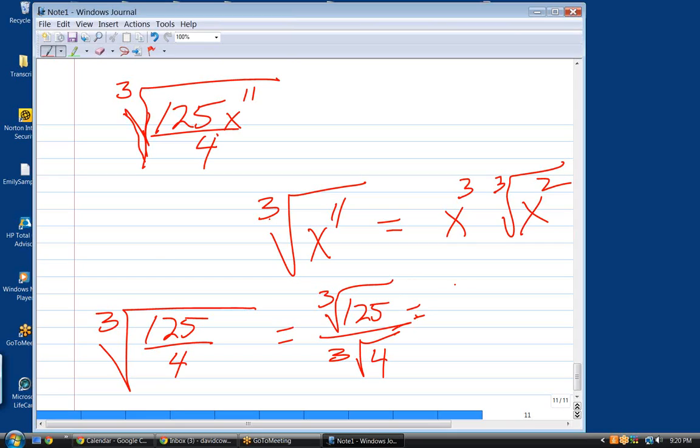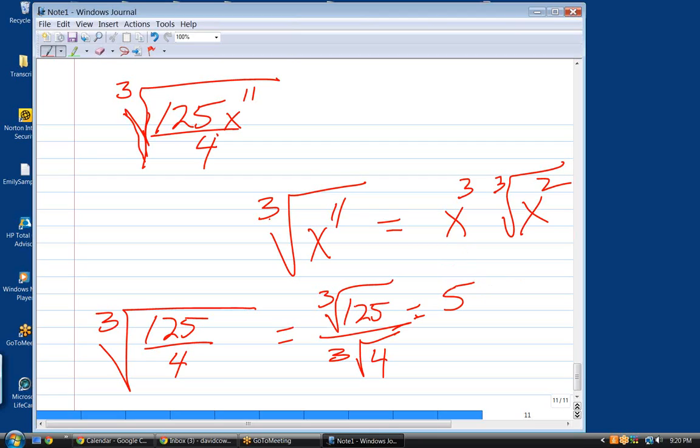Only positive 5, incidentally. When you take square roots, you're always plus or minus. But cube roots are always whatever the sign is inside. And you can take the cube root of a negative number. There's nothing wrong with that. When you take a negative number and multiply it by itself 3 times, it's negative. But 5 times 5 times 5 is the only thing that produces 125.